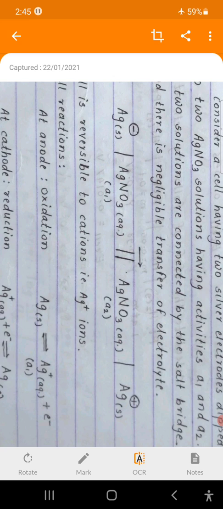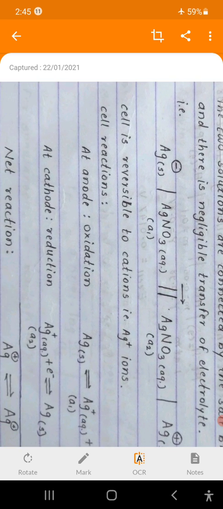Therefore, this is an example of the reversible to cation type. This is an electrolyte concentration cell without transference, as the two solutions are not in contact with each other. The cell is reversible to cations, that is Ag+.